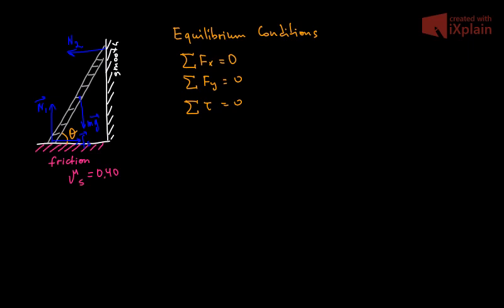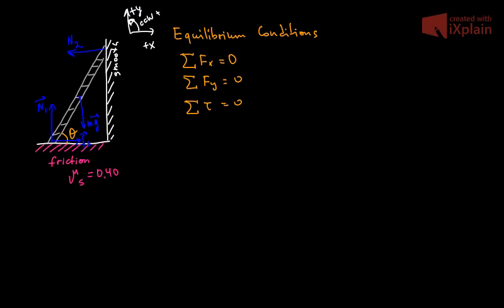Now let's write the sum of the forces. Let's choose our x and y: I'm going to call this positive y and this positive x, and we're going to consider counterclockwise to be positive.